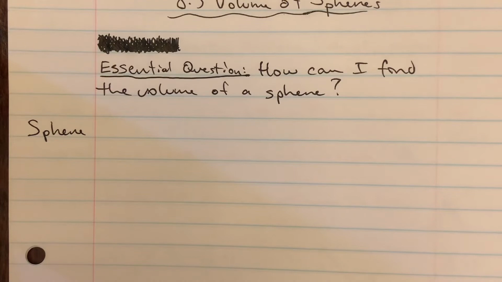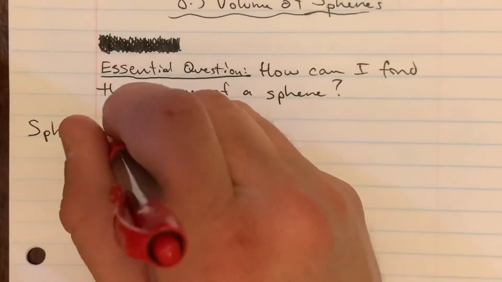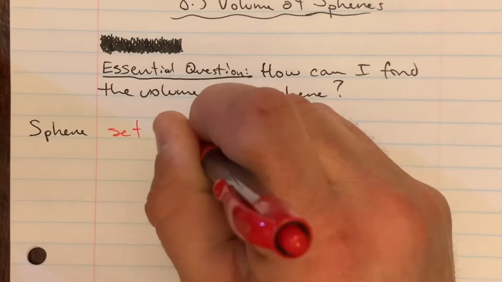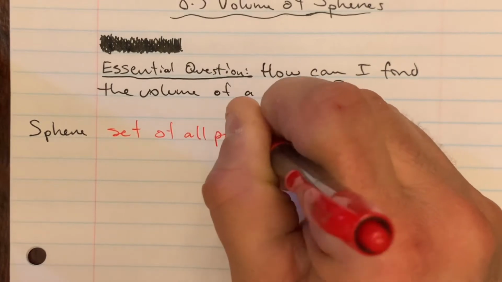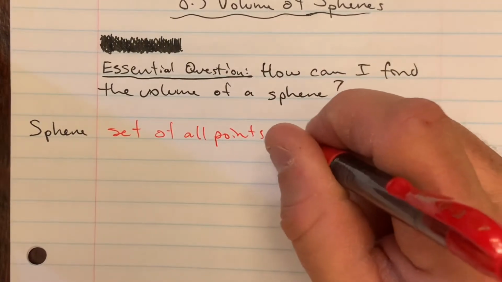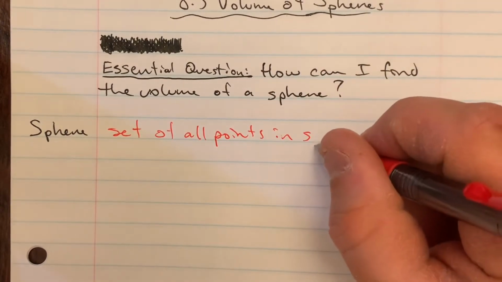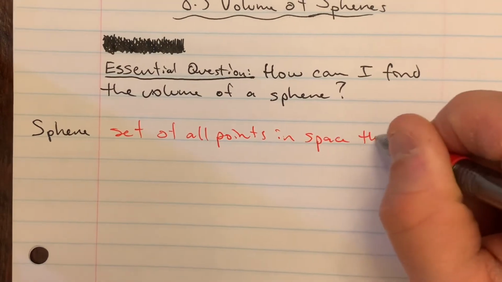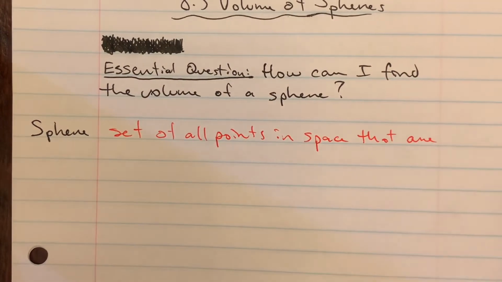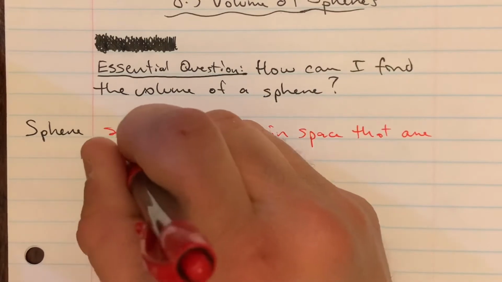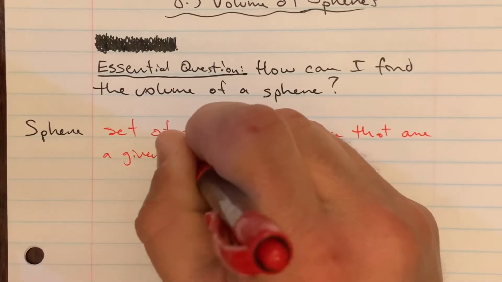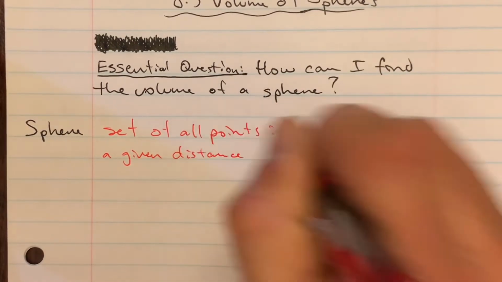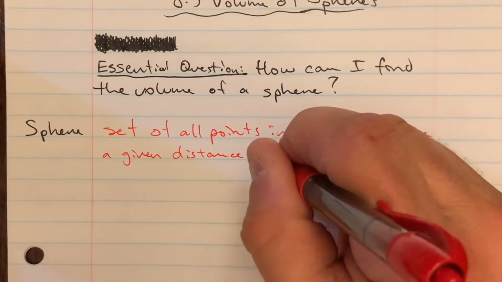It is a set of all points in space that are a given distance from a given point.